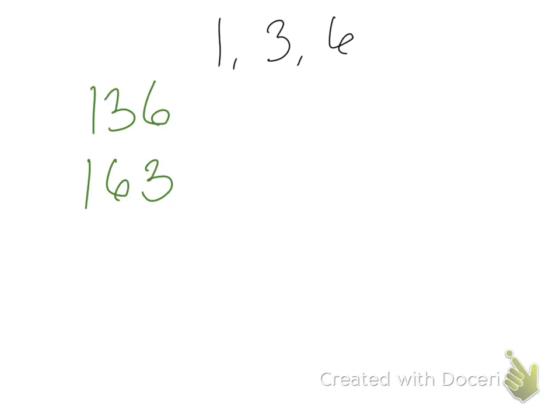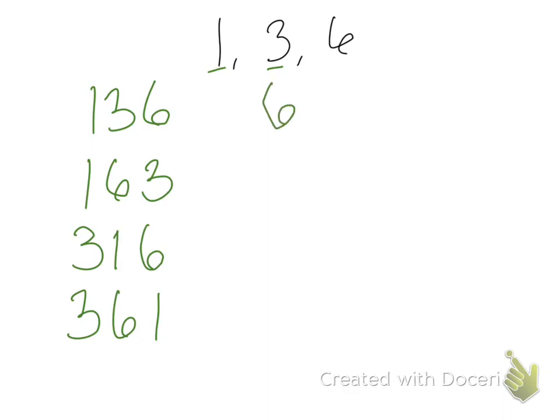So that uses 1 first. Now I'm going to use the 3 first: 316 and 361. Now I'm going to use the 6 first. So I have 613 or 631. So I have a total of 6 numbers I can make with these 3 digits.